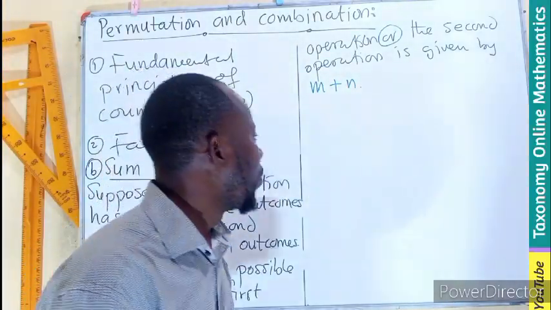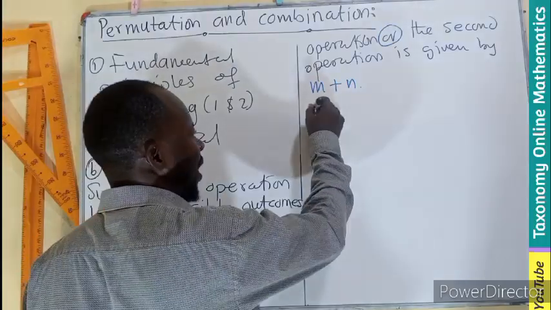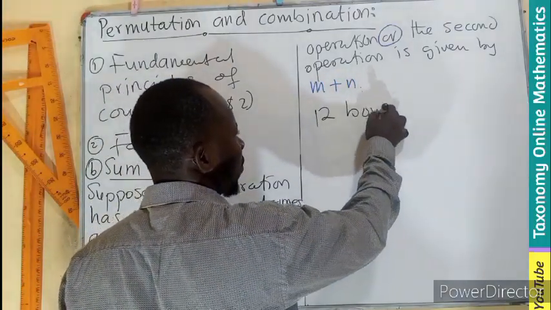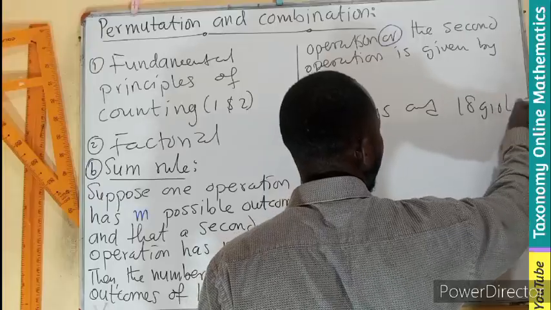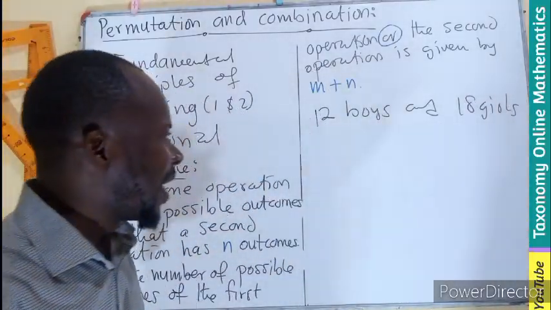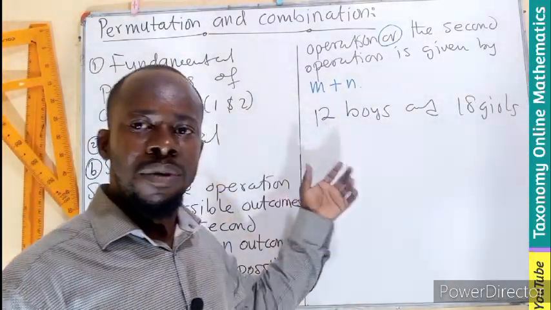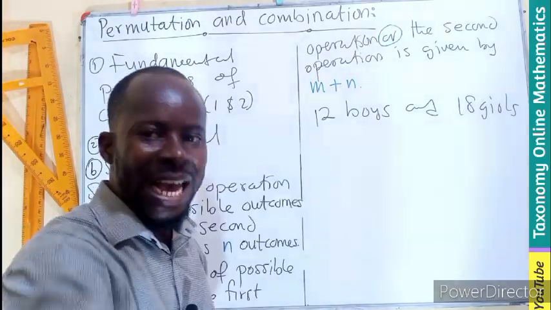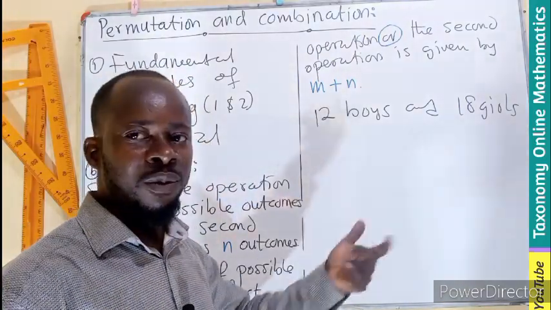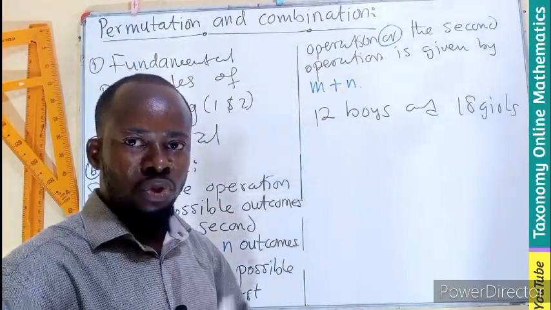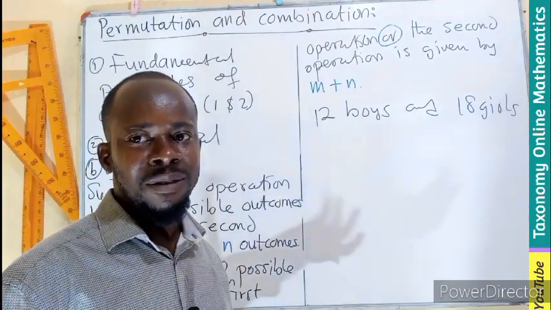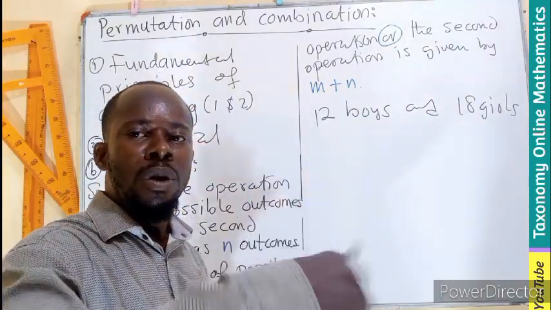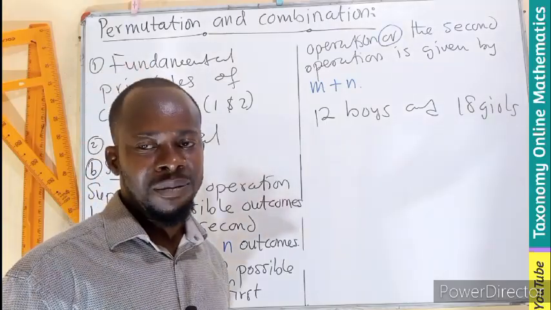So if we have a class of, let's say, 12 boys and 18 girls, and a teacher wants to select a boy or a girl from this class for monitoring, what will be the possible number of selections he can have?